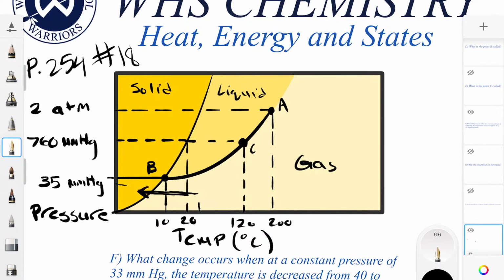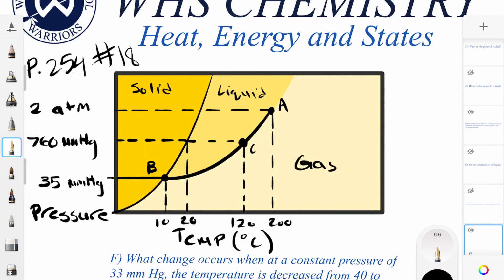So we see that it goes from a gas over here to a solid. So this tells us that the compound over this change will freeze. So this compound is going to freeze.